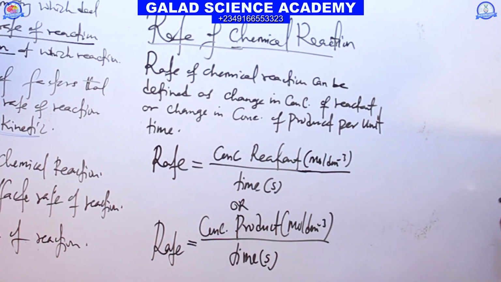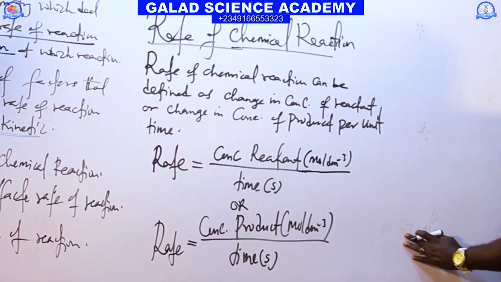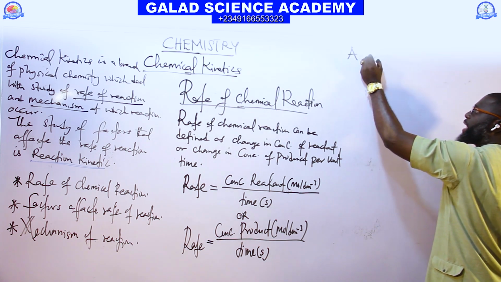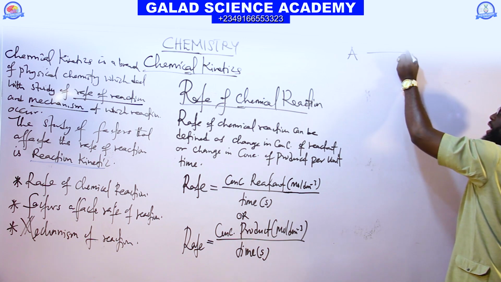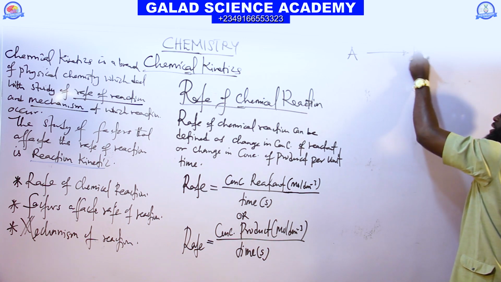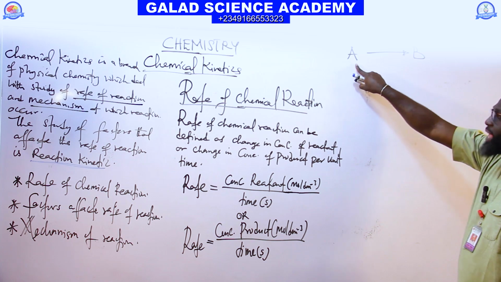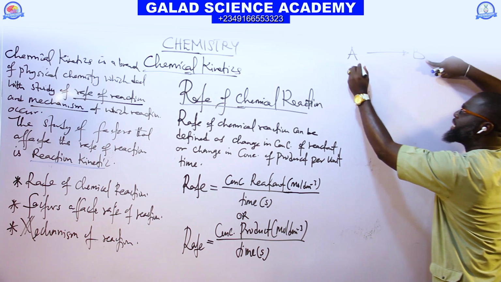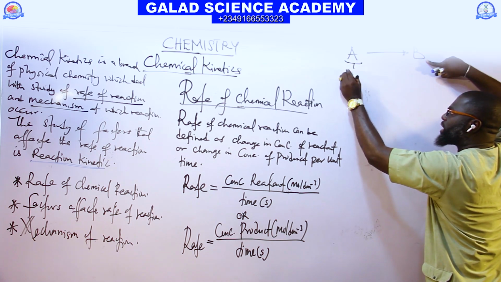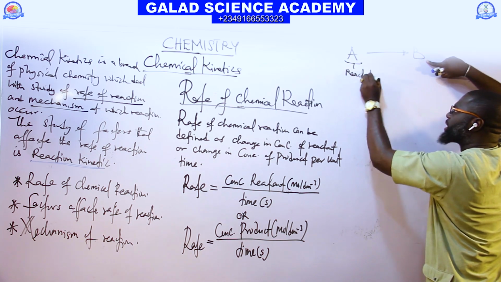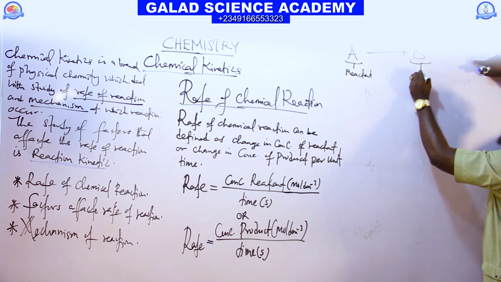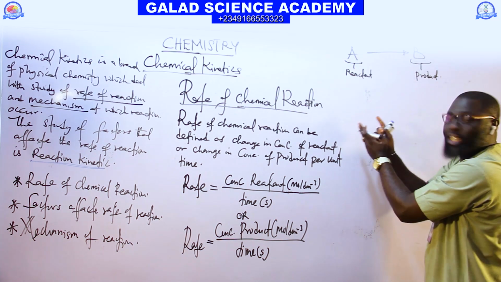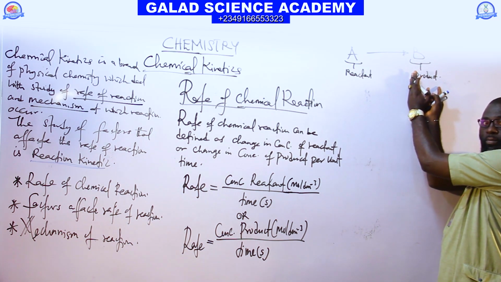So let's consider the reaction below, between A reacting to give us B. We have A on the reactant side reacting to give us B. This A is the reactant and this B is the product.